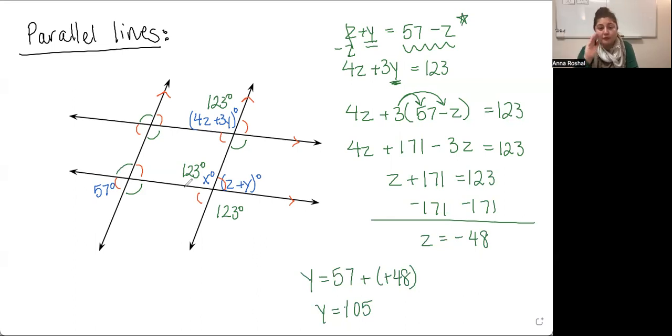So whether you're using two different colors, or for my kiddos who are colorblind, definitely go in and label it a little bit bolder, or leave it unlabeled. You want to distinguish the difference between the angles that you have and the angles that you don't have, so that you're capable of setting up this system of equations.